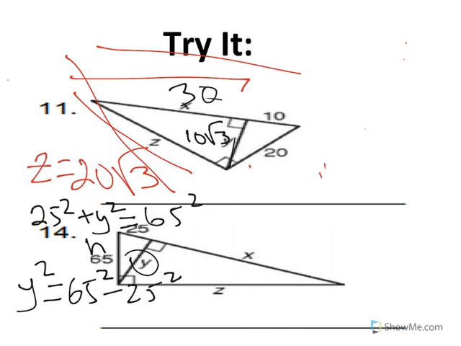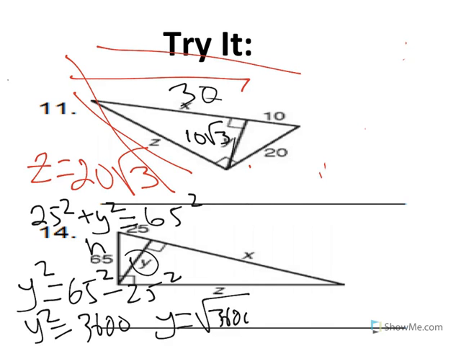So use your calculator for that. So this gives us y squared equal to 3,600. So then y equal to square root of 3,600, reduced to 60.